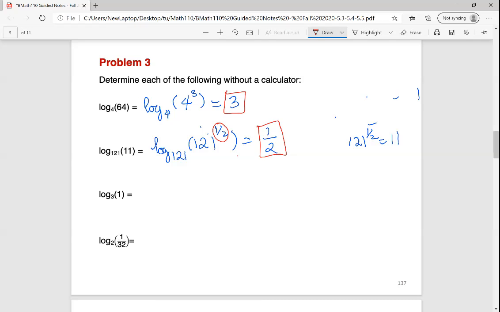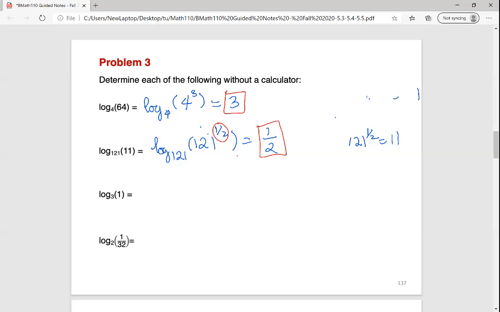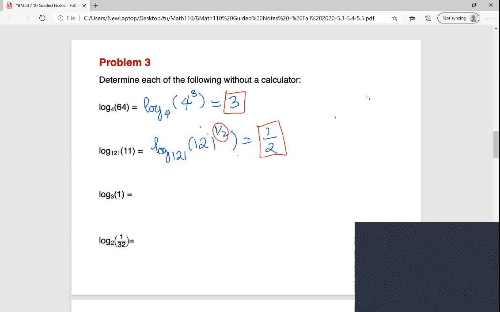Okay, now let's move to the next problem. Log base 3 of 1. So this also can be a special case, right?